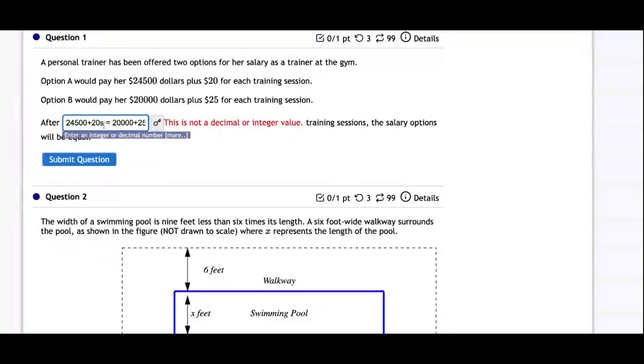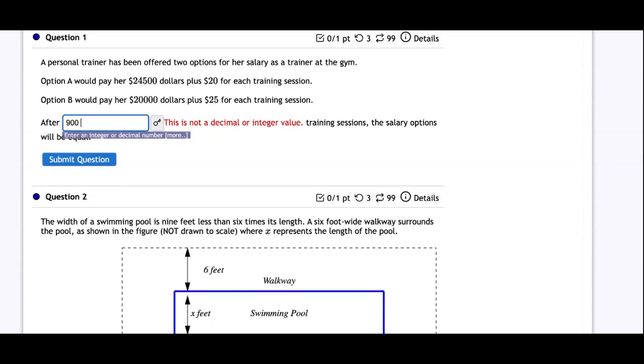So minus 20S on both sides. We get 5S on this side. We minus 20,000 on both sides. We get 4500. Then we divide by 5. 900.